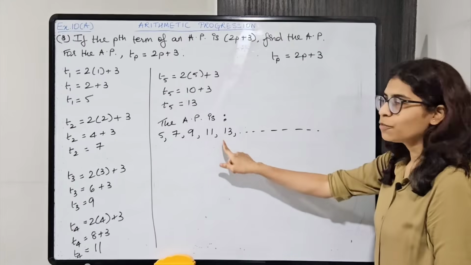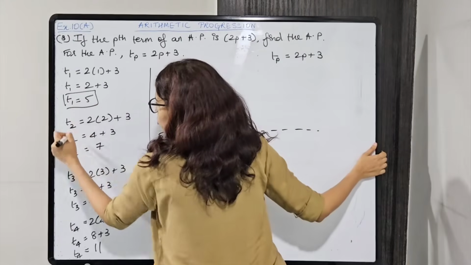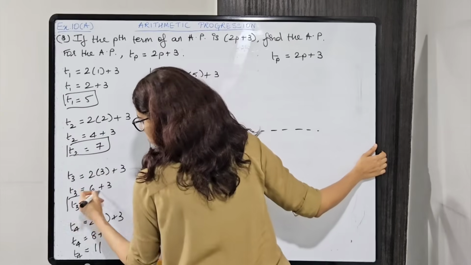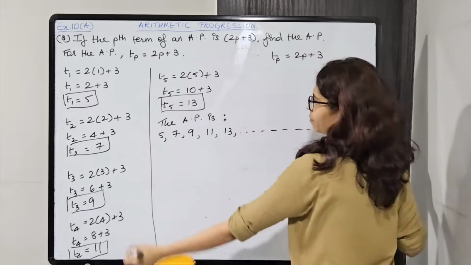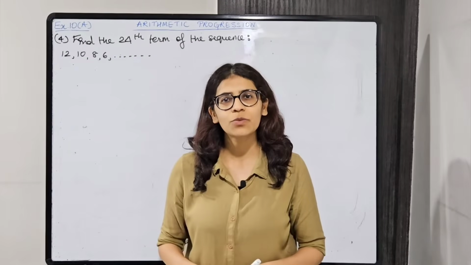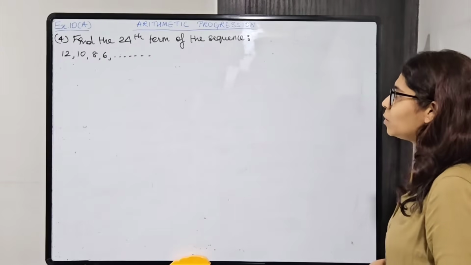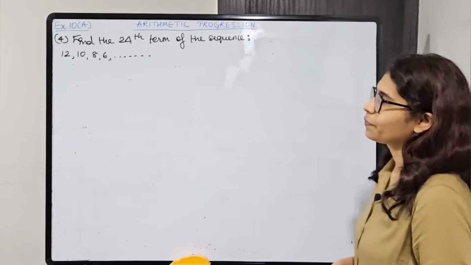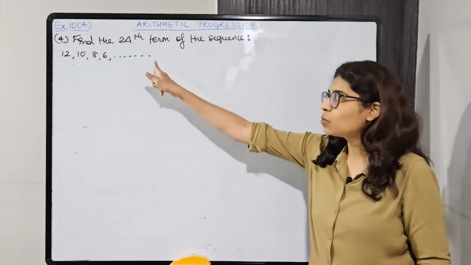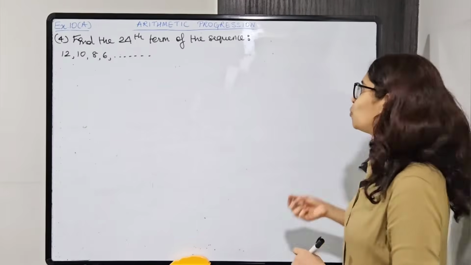Okay, don't forget this part. और जो भी values मिला है, जो भी terms मिला है, उसको box कर दो. ठीक है? Next question, question number 4. Find the 24th term of the sequence 12, 10, 8, 6 and so on. You are given the sequence and you have to find out 24th term, that is T24.